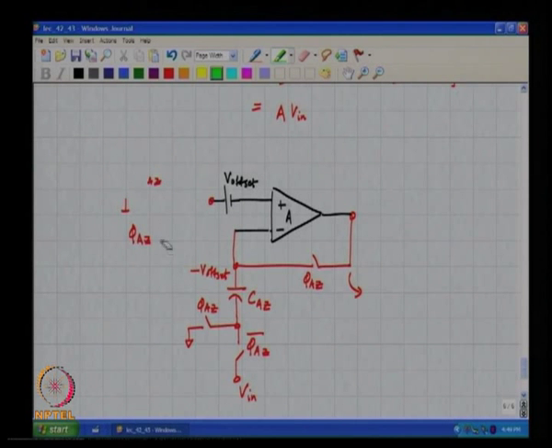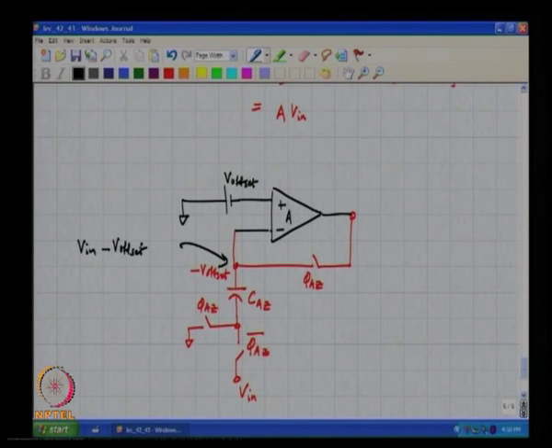So, there is no need for these switches, you can connect this to ground all the time, and this voltage will therefore be V in minus V offset, right. Correct.